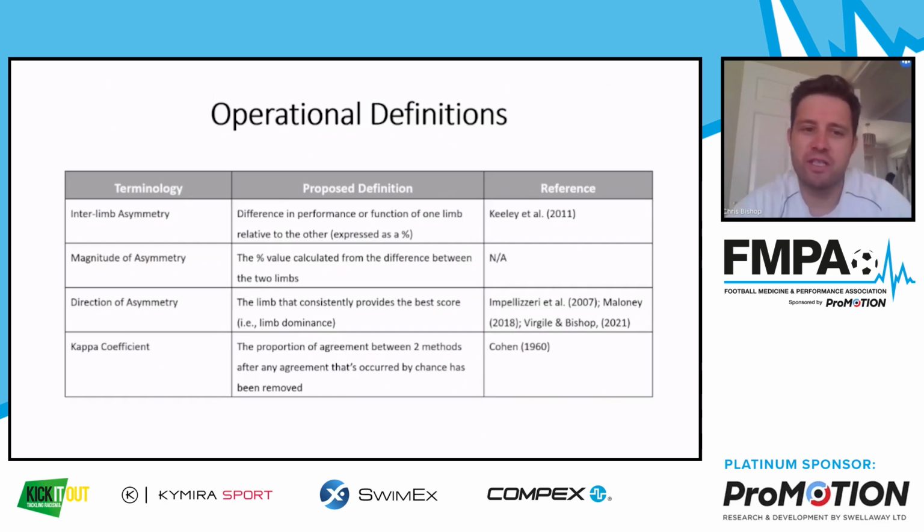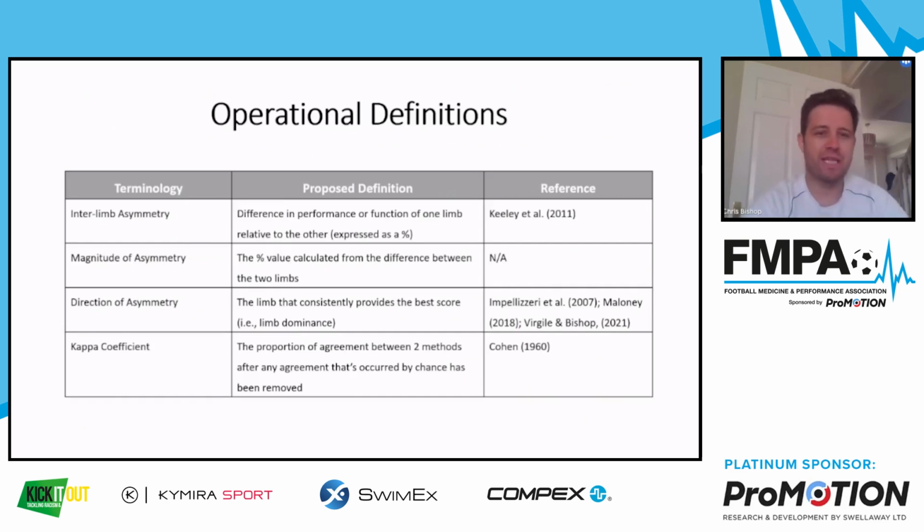So the first one, as you can see there, relates to the difference in performance or function of one limb relative to the other. And that's not to be confused with intra-limb asymmetry, which focuses on any imbalance or difference within the same limb, which would be something like looking at hamstring quadricep ratios or the difference in strength between internal and external rotators at the shoulder joints on the same side.